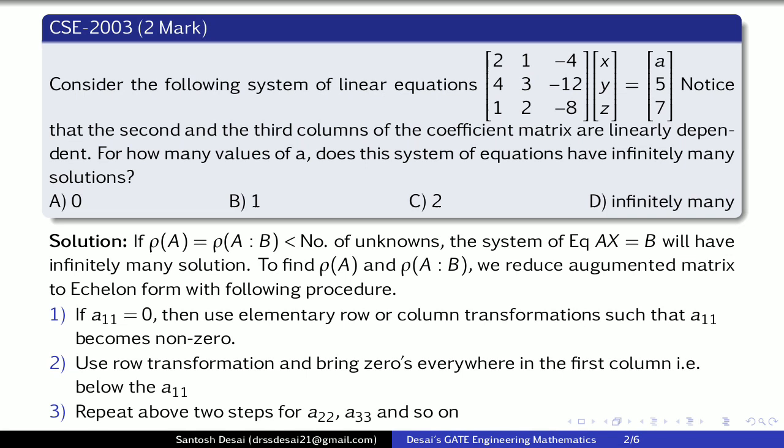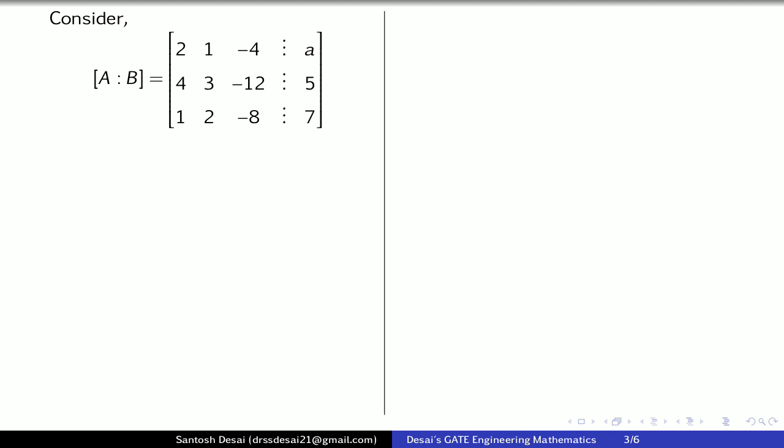And once you reduce it to the echelon form, then the total number of non-zero rows gives the rank of matrix A and rank of augmented matrix AB. So let us consider the augmented matrix AB. This augmented matrix AB is obtained by writing the elements of A and b side by side.